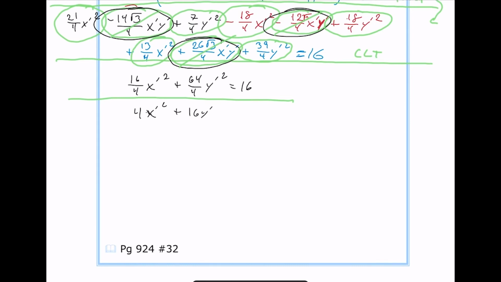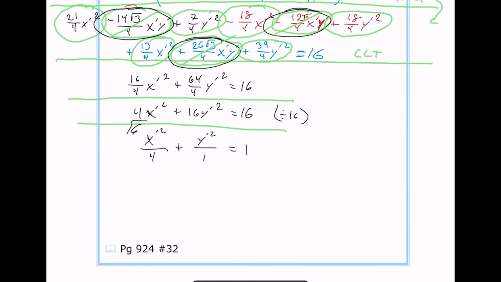Now we need the right-hand side of this equation to say positive 1, so I'm going to divide the entire equation by 16. Remember, that's a note about what I'm doing to both sides of my equation. So we get x prime squared over 4 plus y prime squared over 1 equals 1. That's including simplification, because the 4 divided by 16 reduced to 1 over 4. Just like the 16 over 16 reduced to a 1.